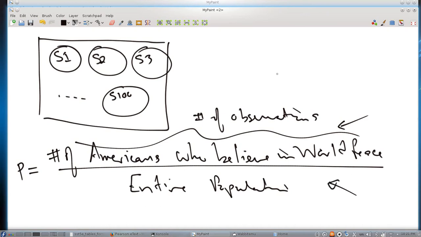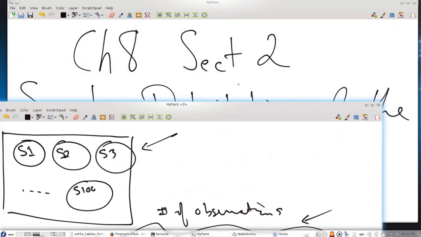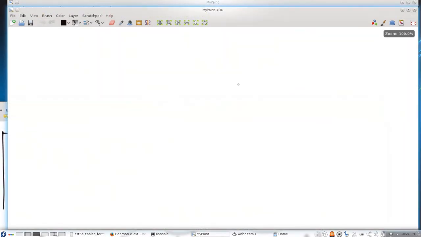Our goal, then, is to randomly pick 100 different samples from this population, compute their proportions, and then find the mean of the proportions that will ultimately describe the true population proportion. The concept is quite similar to the discussion we had in section 8.1. So here, let me start a new sheet, still referring to this population from the Venn diagram.